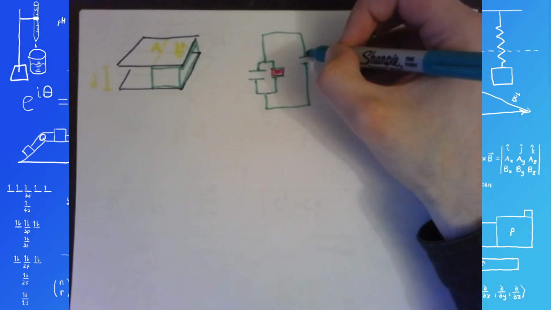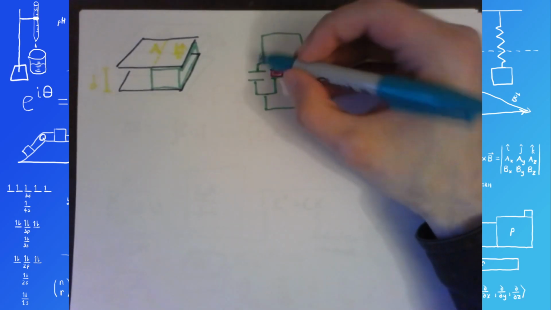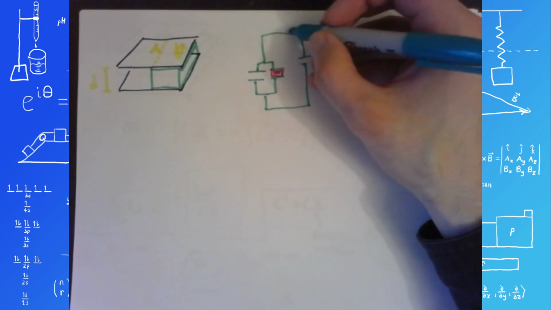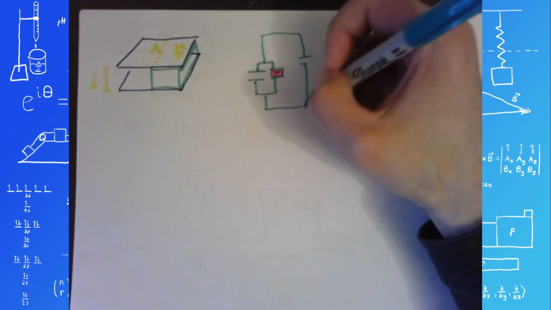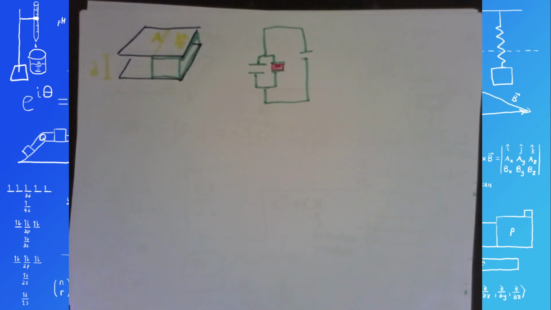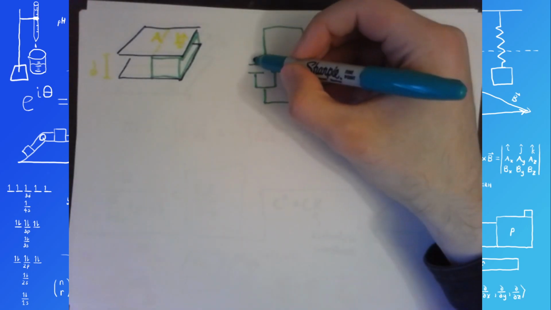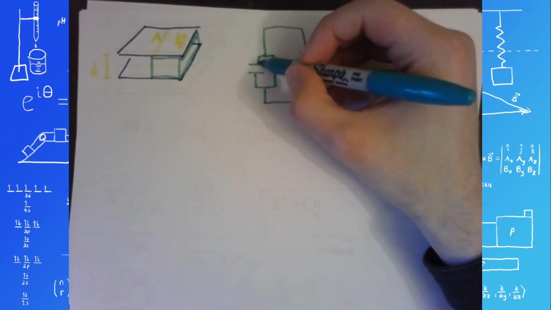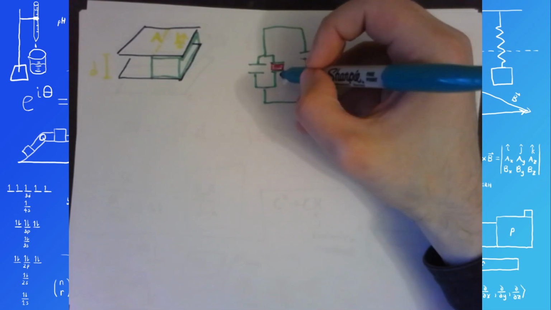If I have some amount of charge that gets pulled from each of these capacitors towards the battery, some negative charge gets pulled by the battery, that negative charge comes and gathers on the bottoms of those two plates, then the total charge that got pulled off of each of these is going to be the same total that gets deposited onto the bottom side.